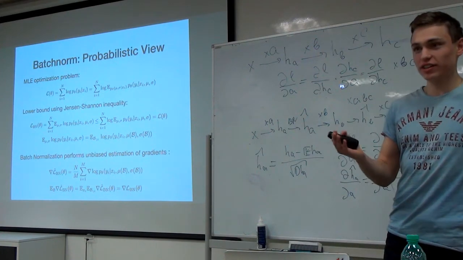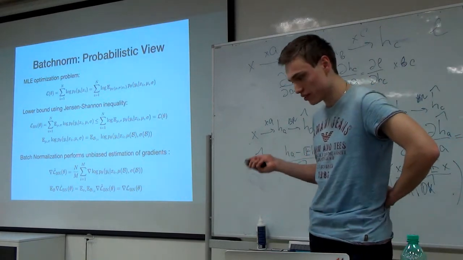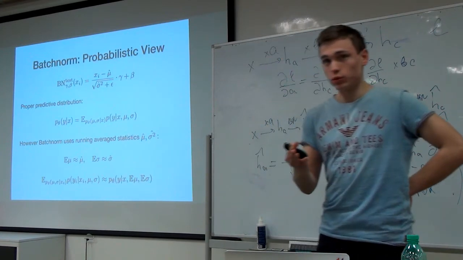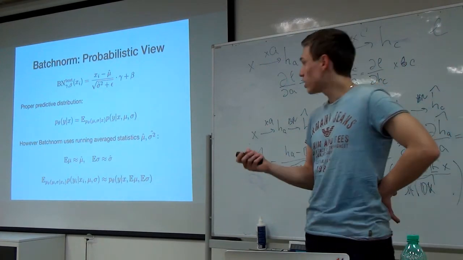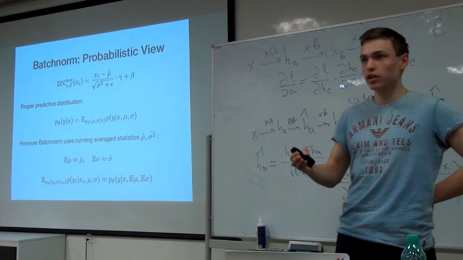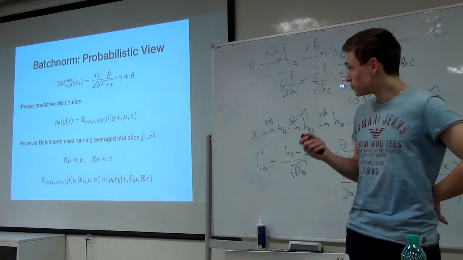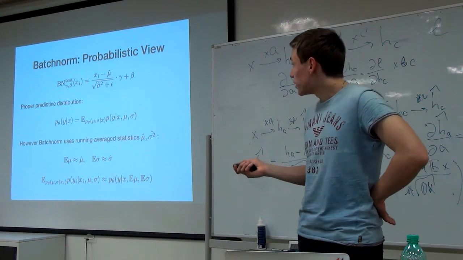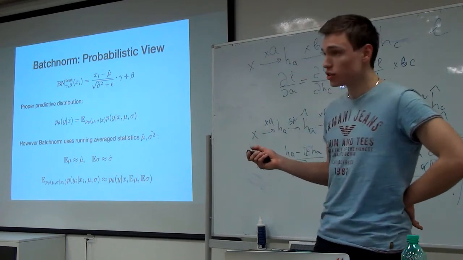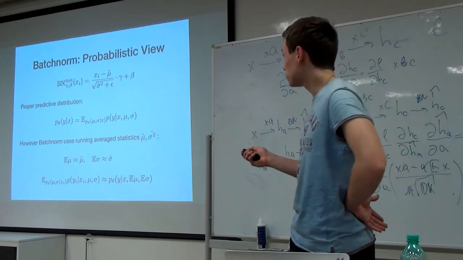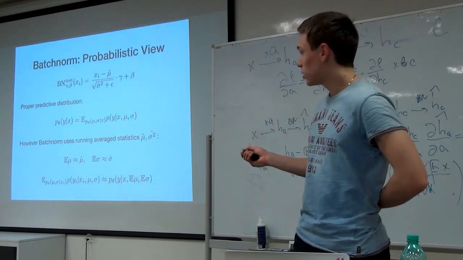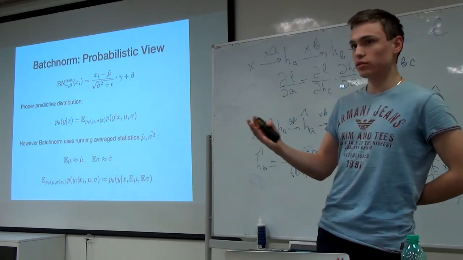What actually is the difference between batch normalization and the proposed probabilistic model? The difference is in the test phase. During inference, we want to pass through the network and make a prediction for a single object. But batch normalization during test uses running average statistics, which can be seen as an approximation for population statistics.